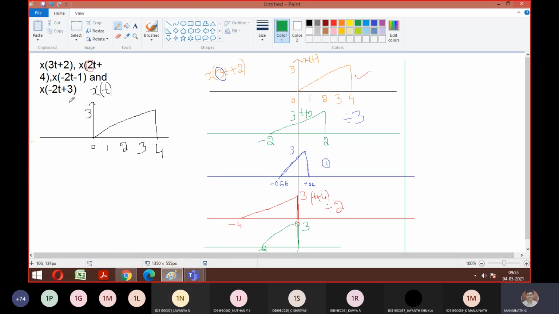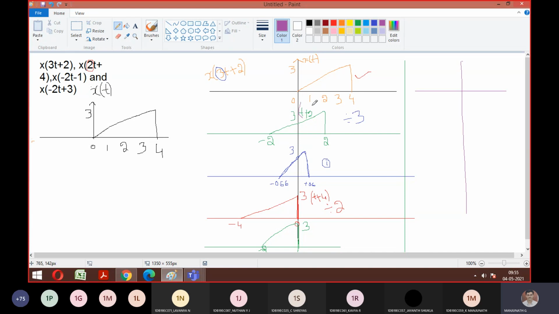Now go with question number 3. So you want minus 2t minus 1. What is the first thing we should do? Minus t minus 1. Let me continue here itself. If your page is not sufficient, you can split it into two halves. You just need to mention what you are plotting individually.